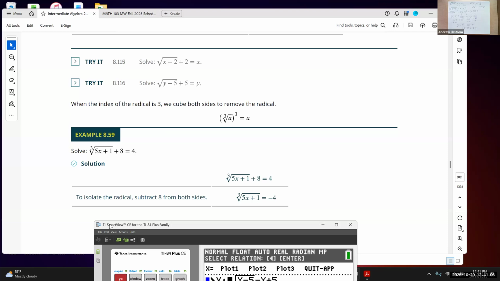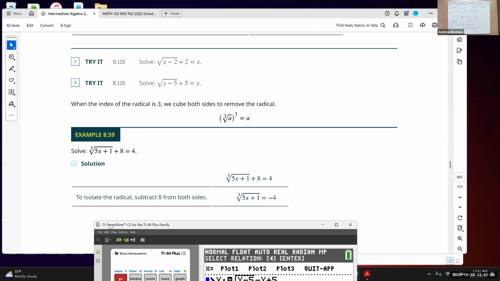Some of the things that actually come up on the exams, I'm not sure which one it is, but one of the exams from the class last year, a lot of the students had some serious issues getting the values for x.